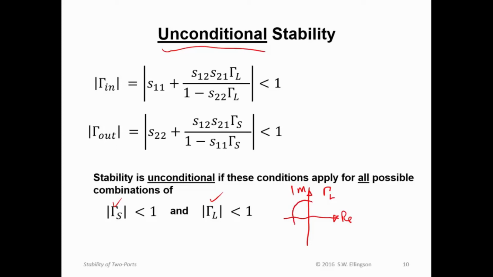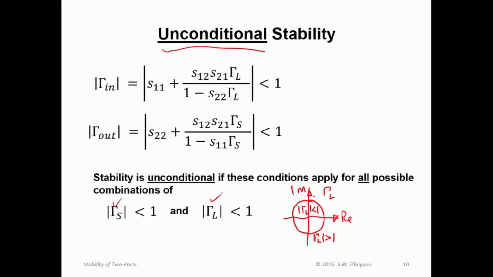And all values of gamma sub L for which the magnitude is less than 1 are in this circle. And outside this circle, the magnitude of gamma sub L is greater than 1. And on the circle, the magnitude of gamma sub L is equal to 1.